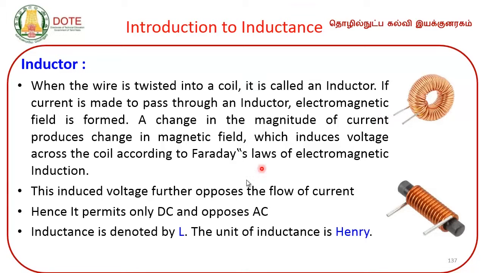One more point: when you connect AC, alternating current, across the inductor, the direction as well as the magnitude of the current changes. So the flux direction as well as magnitude also changes. So we get a dynamic flux, right.